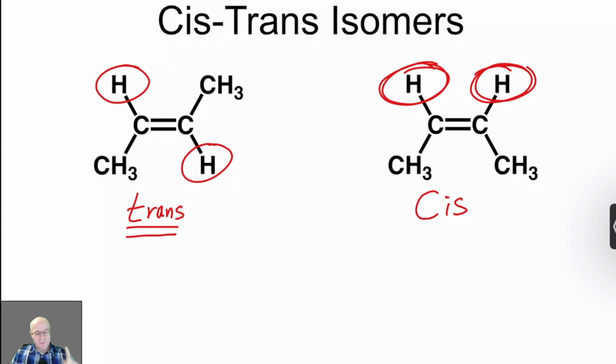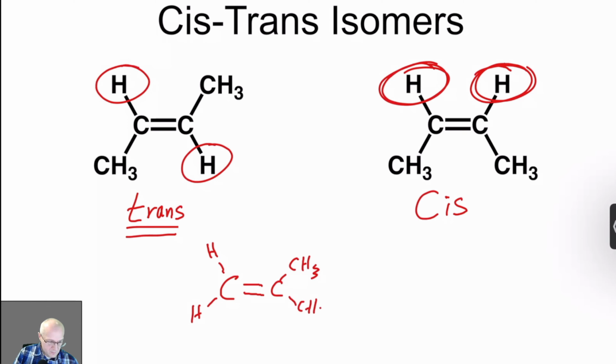Now, before you start thinking that every double bond in the world has some sort of stereochemistry, they don't. Sometimes you'll get things like this. These don't have cis and trans, because if I move this hydrogen down to here and this hydrogen up to there, I get the same molecule again.